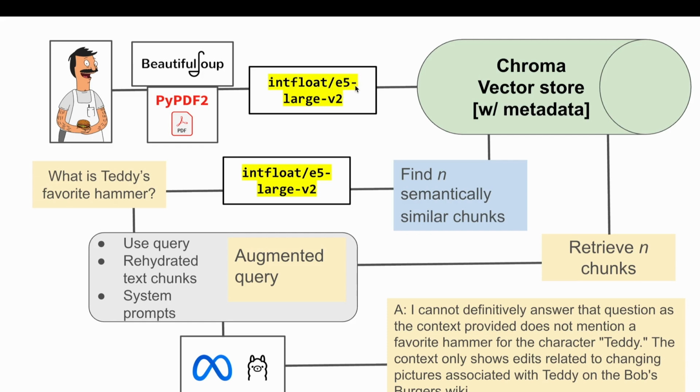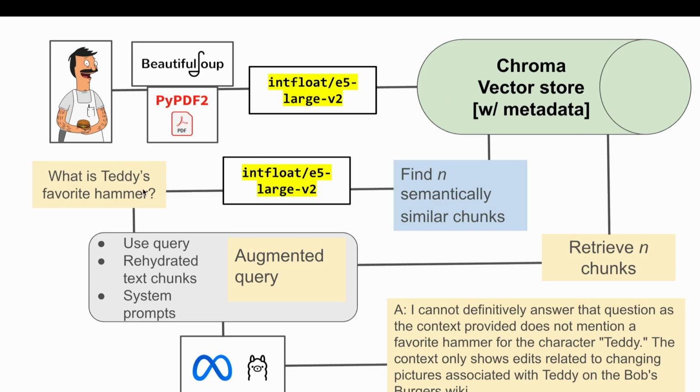This is E5, and this is openly available via Hugging Face, which is a model hub. And we stored it in something called ChromaDB, again, another open source tool that, unlike FAISS, the vector store used for the previous application, allows us to keep metadata, so we can keep that connection between the original source of the chunks, the original WARC files, and the original URLs that are associated with that.